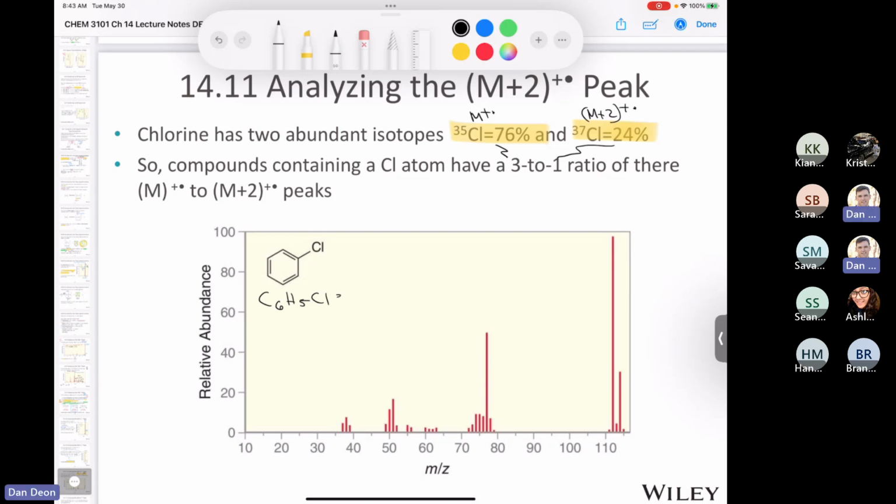You might have to go back to my notes where I said the chlorine has a mass of 35, that's our low resolution mass that we use. Did anybody calculate the mass of this molecule? Yes, thanks, Sarah. Its molecular ion should be at 112, with a mass over charge of 112.